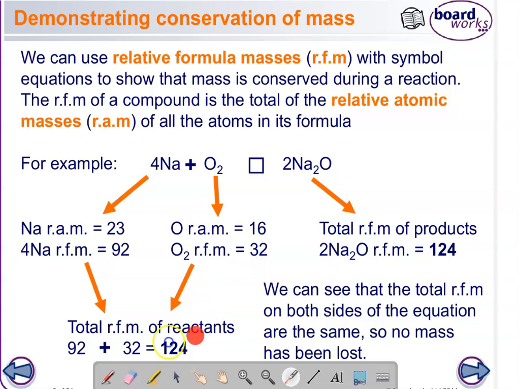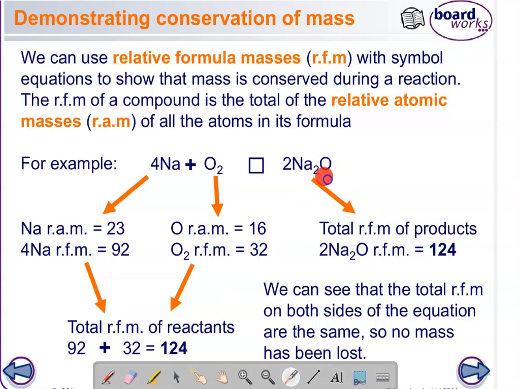The next thing to do is to add the relative formula masses of the reactants, which is 92 plus 32, and that should give us 124. Let's go to the product side. The product side is the sodium oxide.